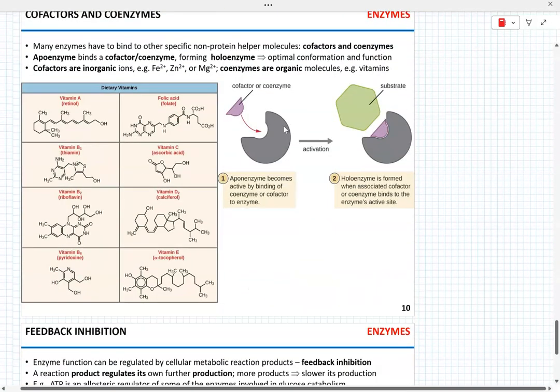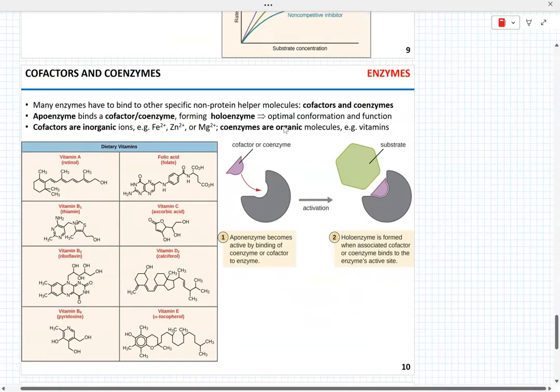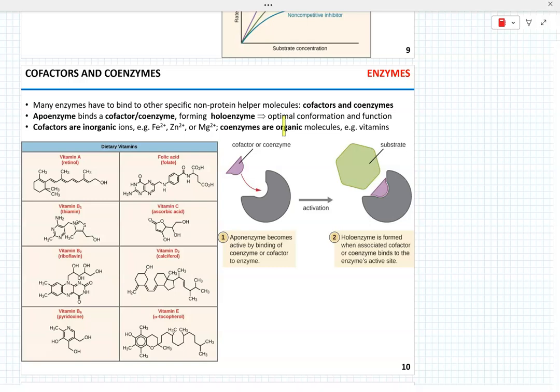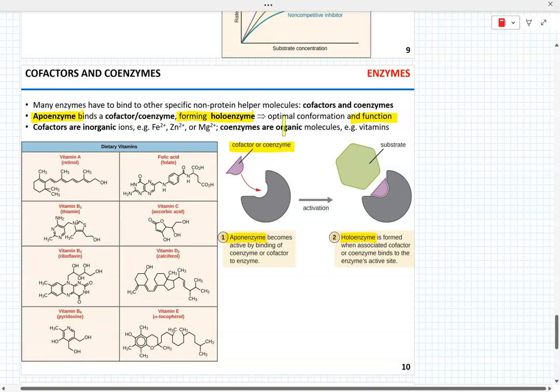Many enzymes require cofactors or coenzymes. In this situation, the enzyme without cofactor is called apoenzyme. Once it binds cofactor or coenzyme, it becomes a holoenzyme. Apoenzyme is not functional. Only after apoenzyme binds its cofactor or coenzyme, forming holoenzyme, it becomes functional.